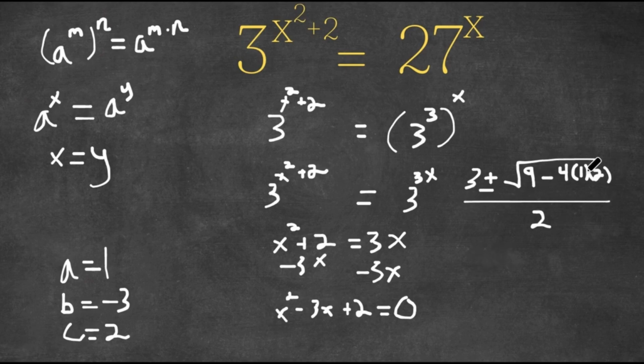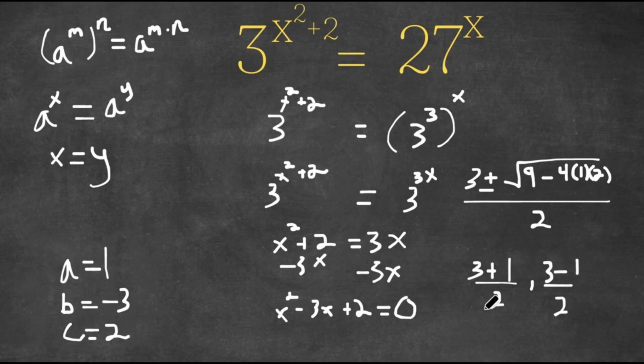Now, 9 minus 4 times 2 is 8, so we have 3 plus the square root of 1, which is simply 1 over 2, and we also have 3 minus 1 over 2.